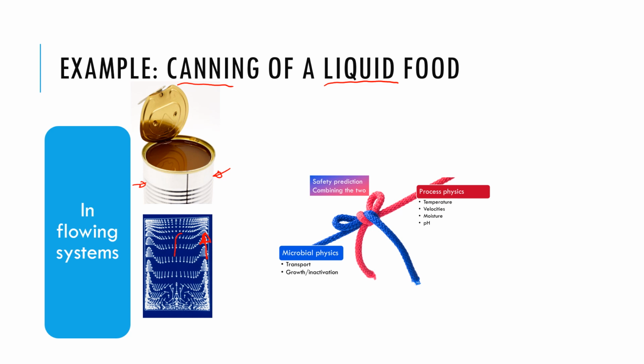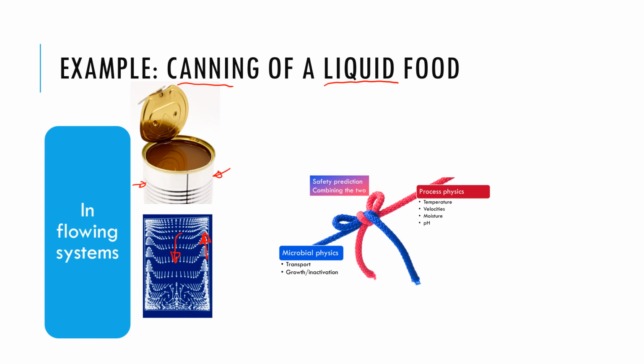And to satisfy continuity, you can think of the colder fluid sinking. So this will set up a flow pattern inside whether we want it or not. And this brings additional complications as we are considering this liquid food.